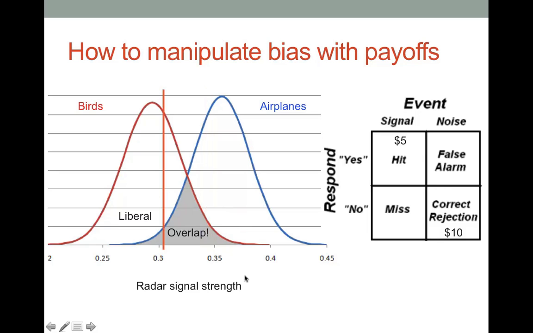Now, another side effect to notice from this setup is that you can never fully eliminate these misses, for instance. So I told you we want to make sure an enemy plane doesn't come in without us noticing. Well, the only way to get 0 misses is to set your criterion to the absolute far left, further than you can even see here.